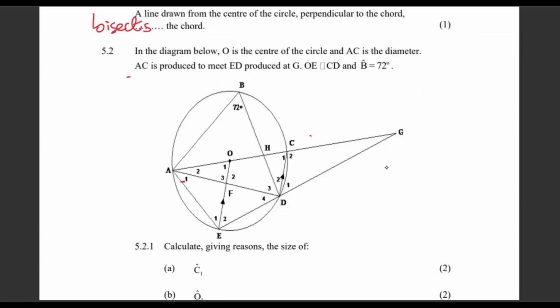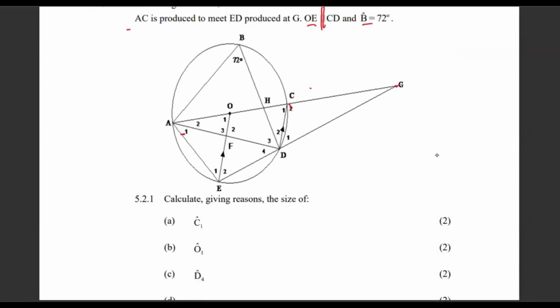AC is produced to meet ED at point G. And then OE is parallel to CD. And then B is a 7-2. Okay. So I think we have what is being given to us.